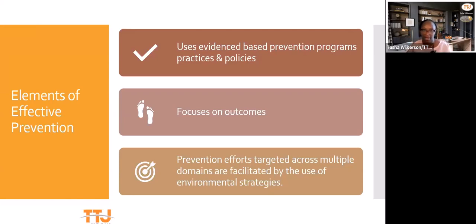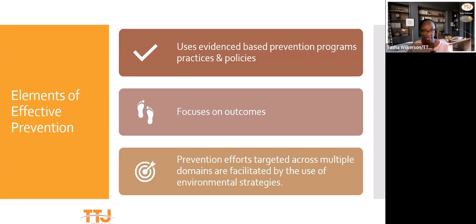Okay, I'm going to get to my next point, and then I'm going to ask you questions. Prevention efforts are targeted across multiple domains, and they are facilitated by the use of environmental strategies. That is saying what I said before. As we went through the little history of how we evolved to the Strategic Prevention Framework, there was this thing called comprehensive prevention, where we hit on different domains.